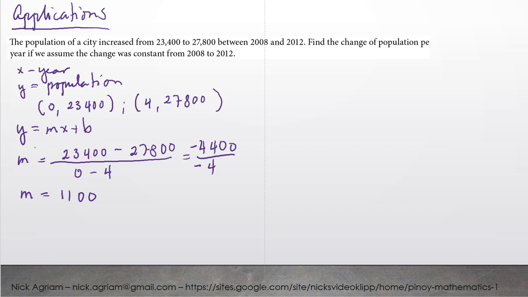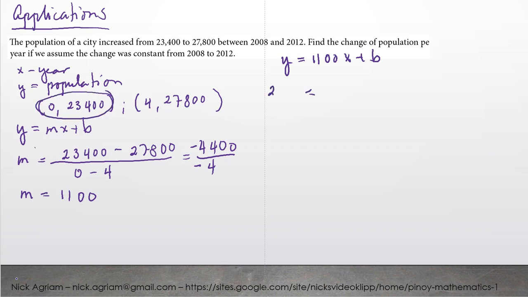So our model now is Y is equal to 1100x plus B. I will use this point.